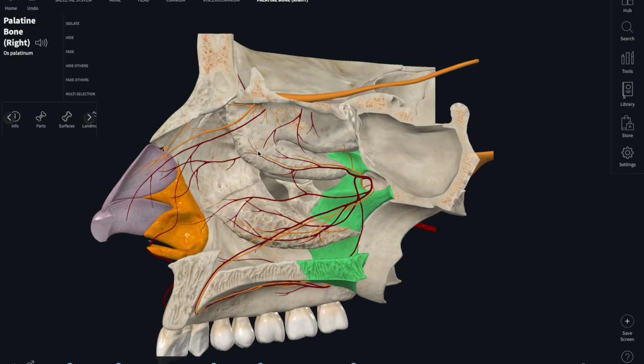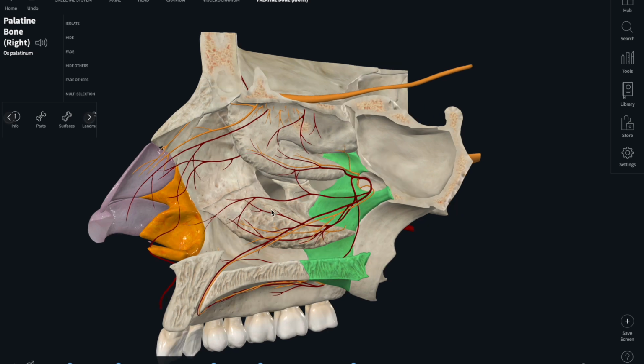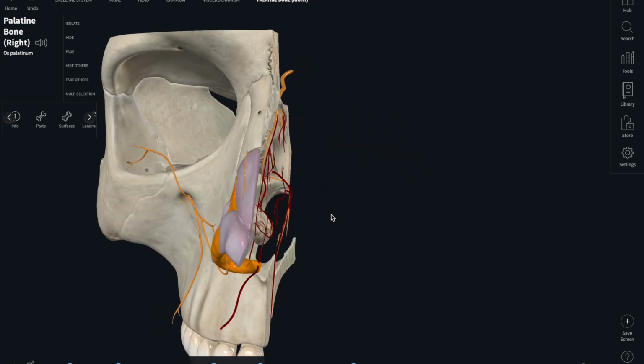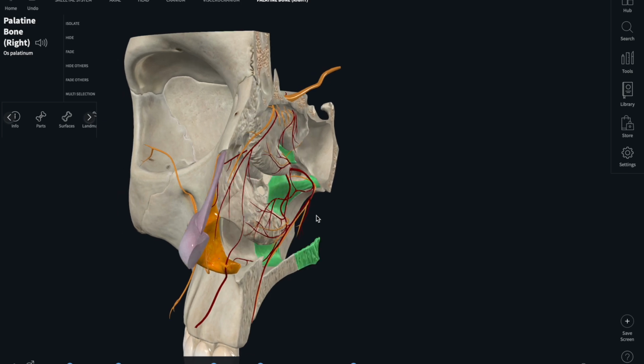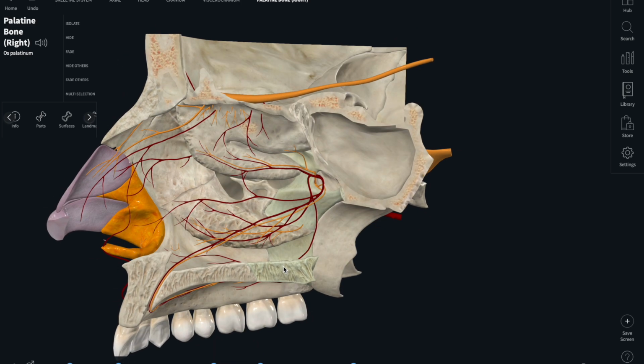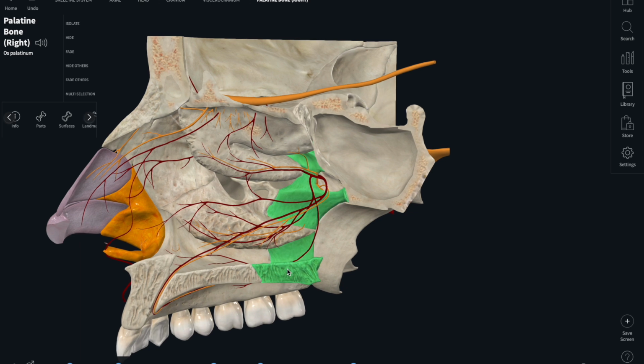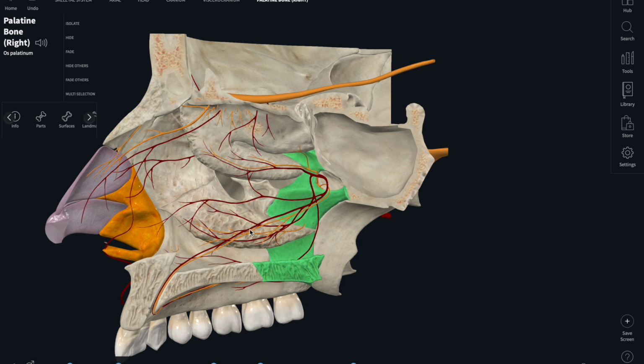We can break it up into lateral and medial. So we can see medially, it runs along the septa, and then laterally it just stays along the lateral wall of the nose. Once we've broken it up medially and laterally, we can break it up anteriorly and posteriorly. Anteriorly, we have the anterior ethmoidal nerve.